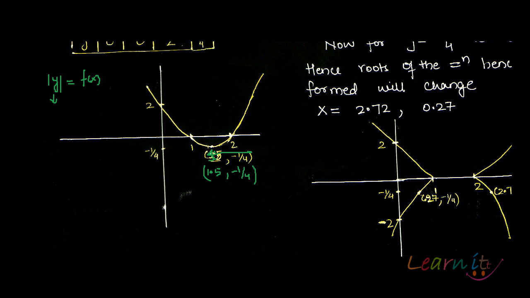Say y equals minus 1 by 4 at x equals 1.5, fine. But mod y equals (x minus 1)(x minus 2), that's my function in factors. So mod minus 1 by 4 is essentially 1 by 4, right?